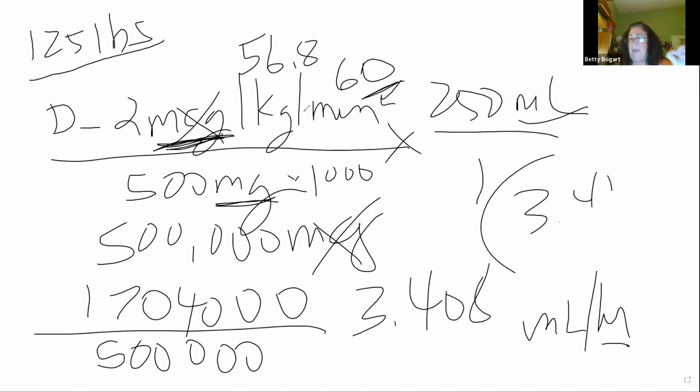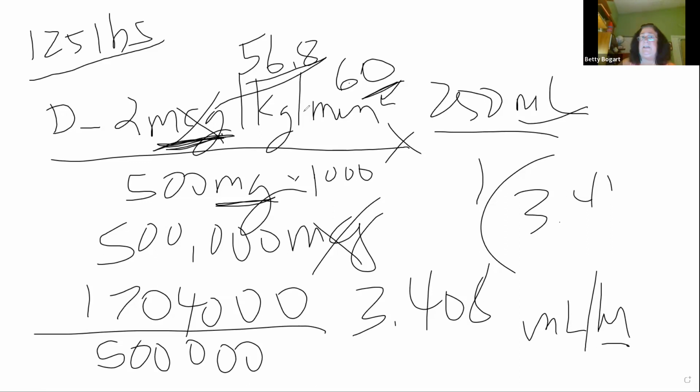Now, did that make a mics per kilo per minute question easier for you? Or are you still lost? Professor, when you multiply the top part, you multiply by 56.8 or you round it? No, leave it right there. Absolutely, leave it as big as you can.